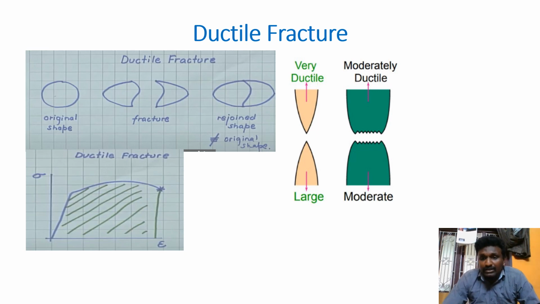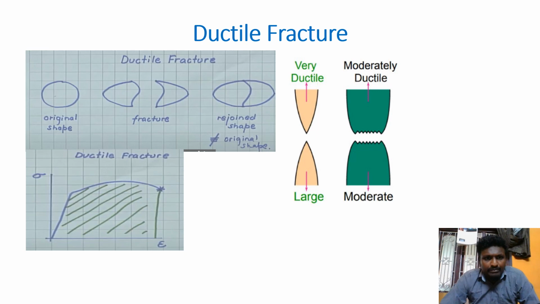For an example, you have studied in the strength of materials laboratory the tensile testing machine, UTM. You are giving a pull in both directions for a steel rod. There is a formation of a neck where the crack appears, then it takes time for breaking.